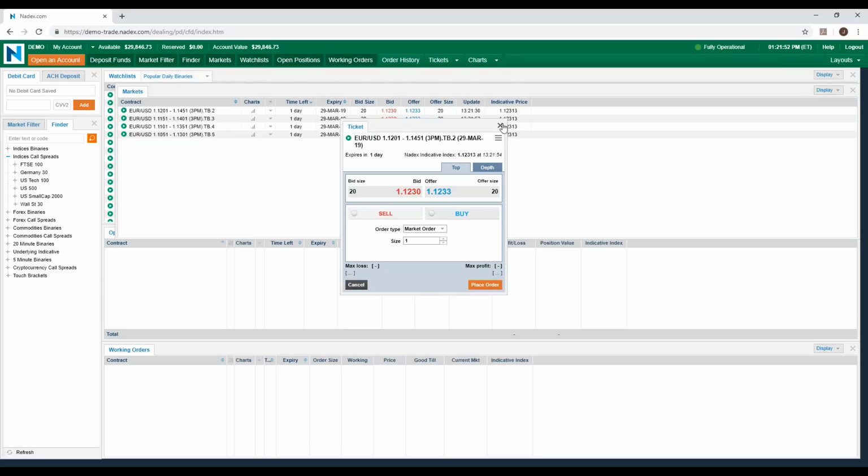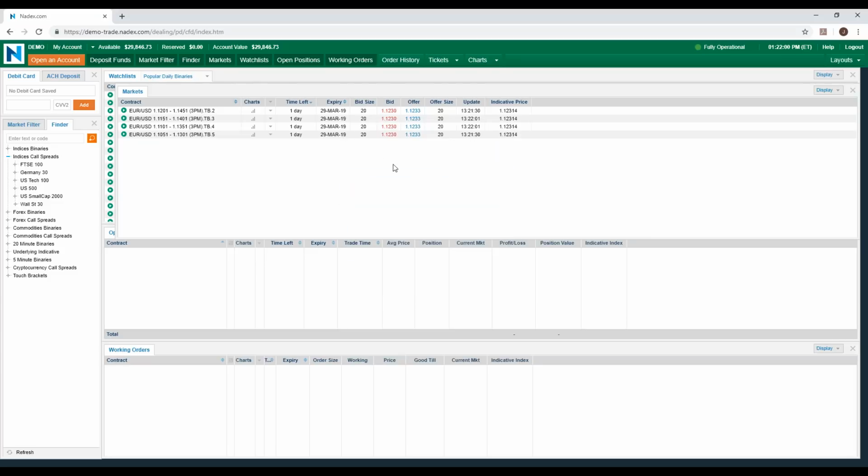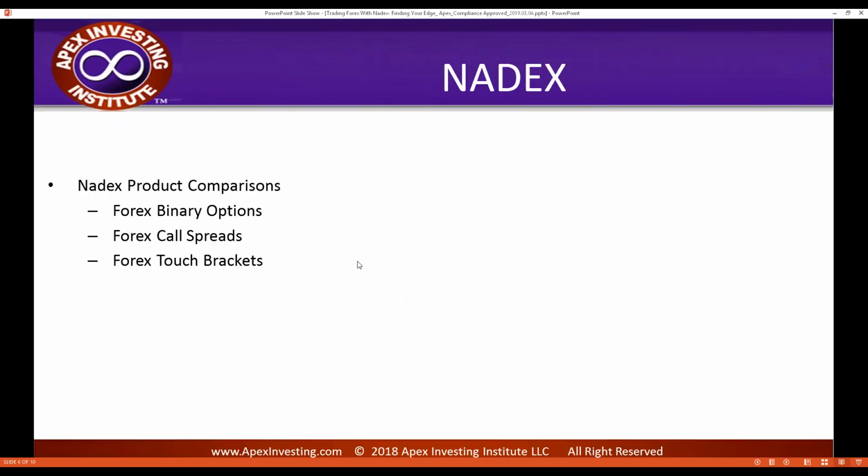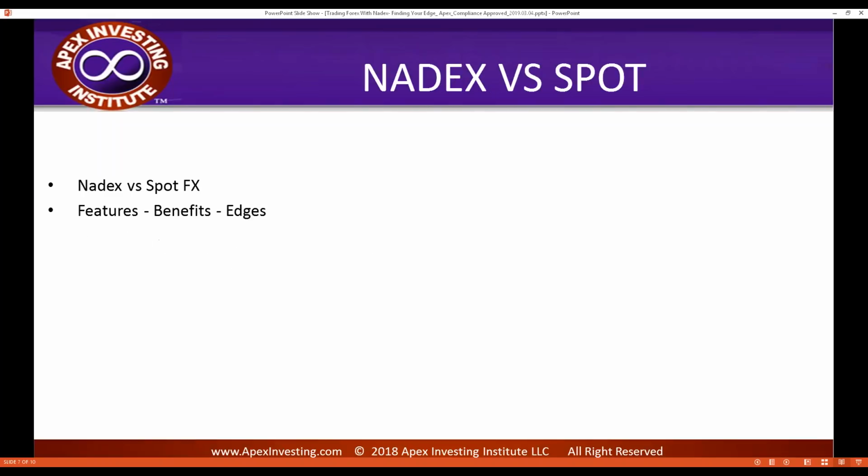But that is how you read them, as far as the floor and the ceiling compared to the indicative, and that is how they move price-wise and value-wise. So that's a quick run through of the different Nadex products that you can trade on the Forex markets.